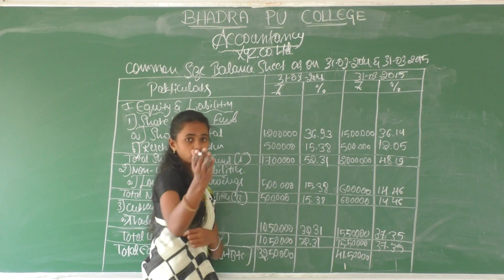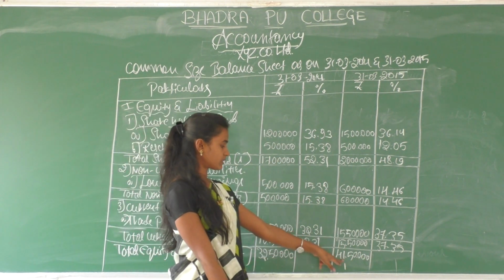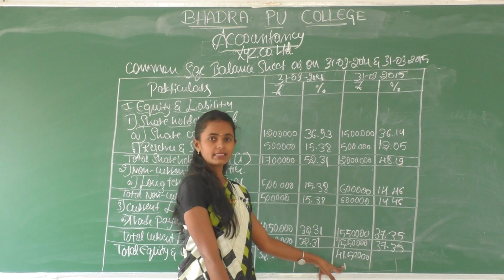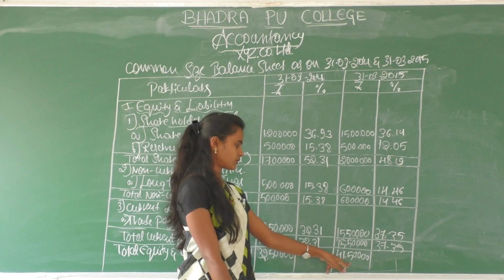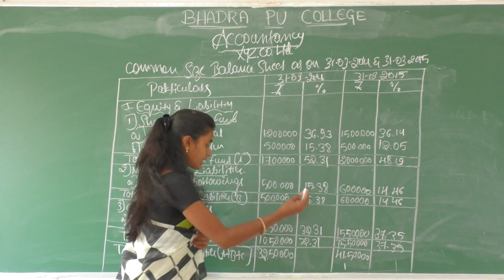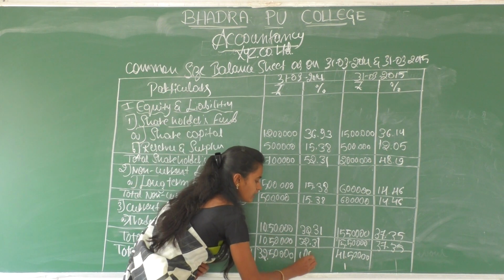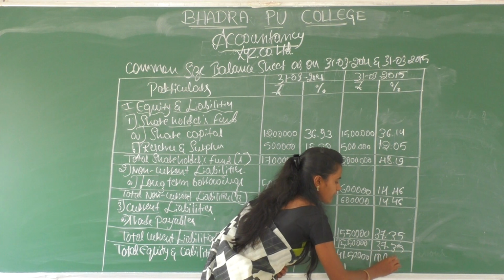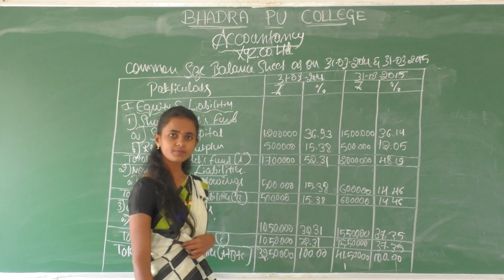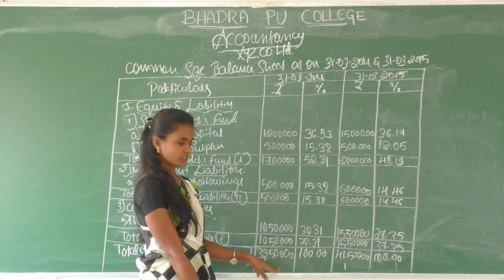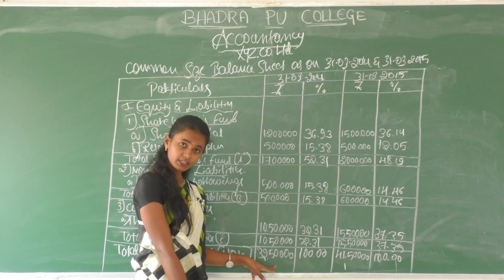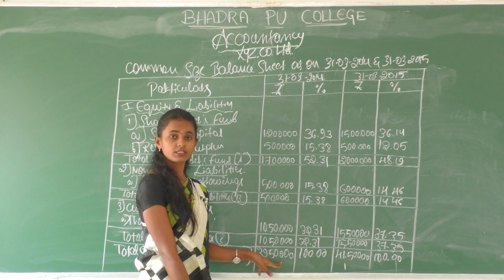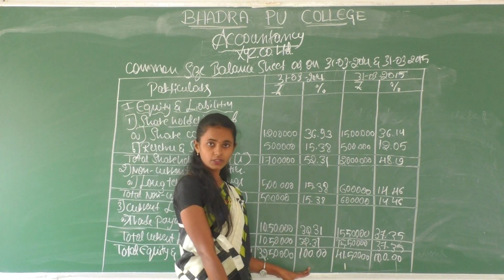Again go back to your question and check. You will get the same money as a total, 41,50,000, and obviously here we will get our 100%. So 32,50,000 divided by 32,50,000 into 100, then we get 100%.